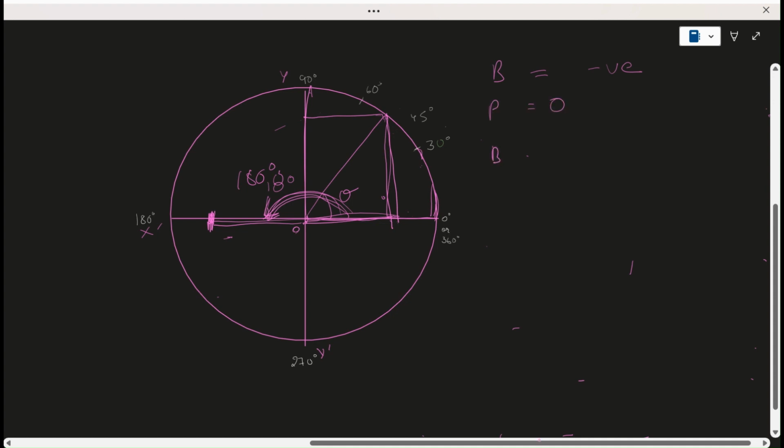Let the base be 1 unit. So what would be the hypotenuse? That will be under root of minus 1 square plus 0, that will be 1. This will be our hypotenuse.